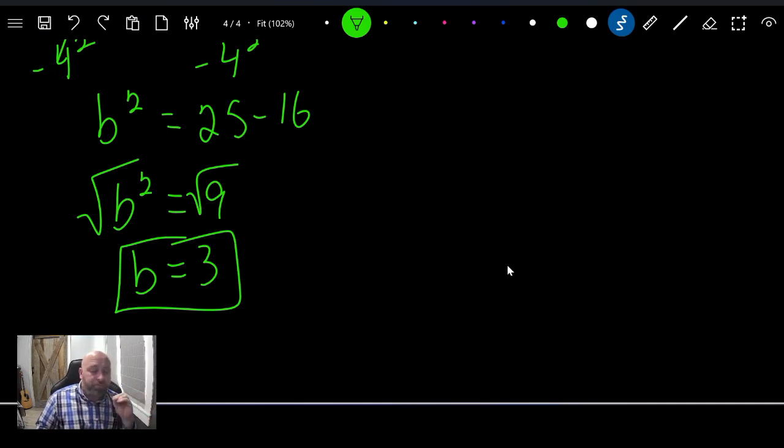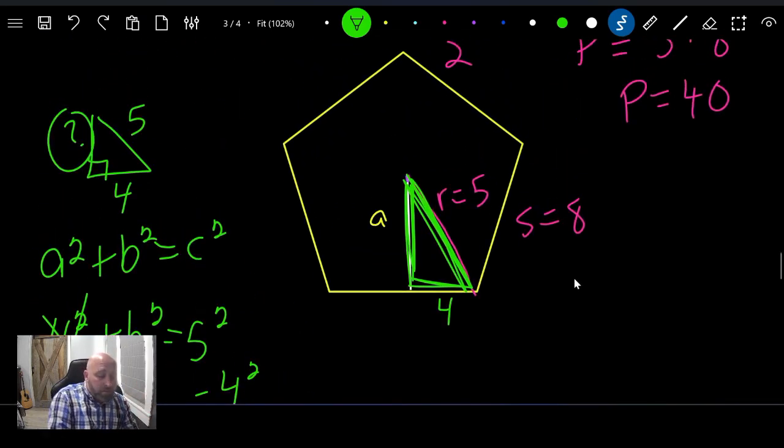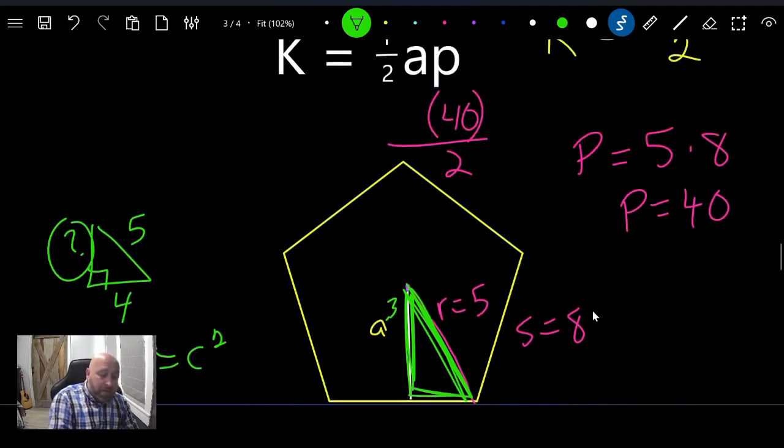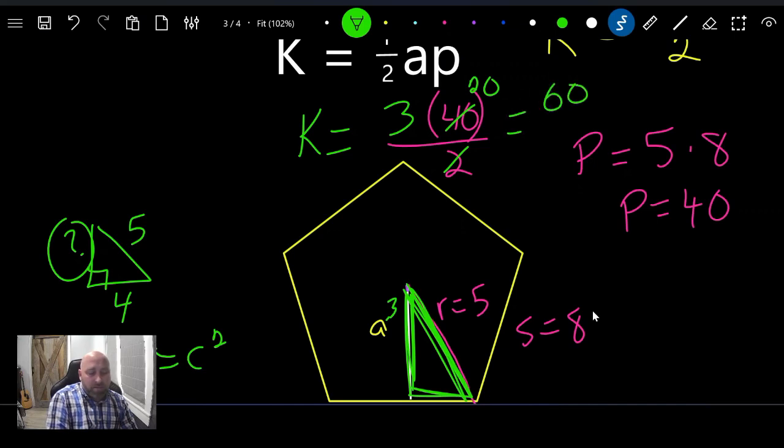So 3. Now let's go back up here. So that equals 3. We're not done yet because we have to plug that into this formula. All right, so here we go. K equals this. Now, I can just go ahead and cancel this down to 20. So 3 times 20, that equals 60.